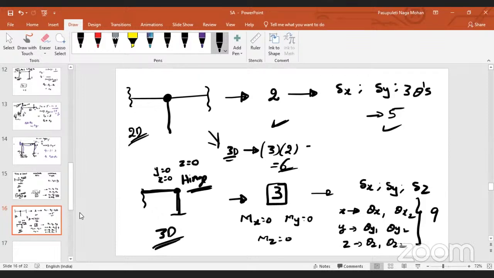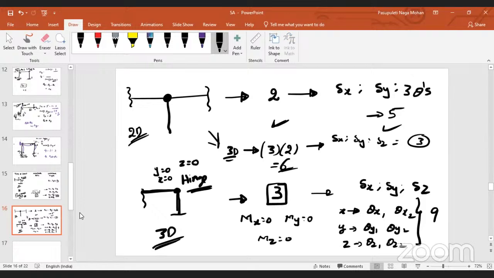Now similarly, how many unknown displacements? Delta x, delta y, delta z are common. Any doubt? Now think about the x direction. Along the x direction, how many rotations are possible? 3. Like that, how many directions are there? 3 directions.